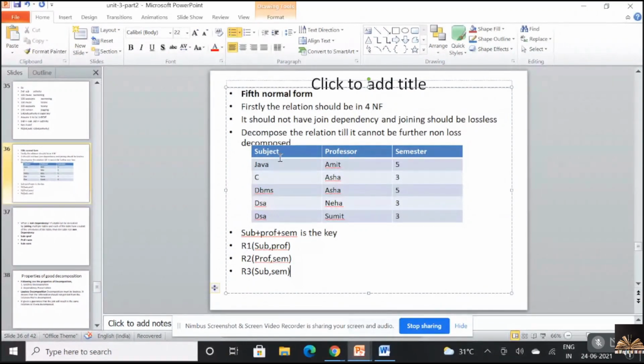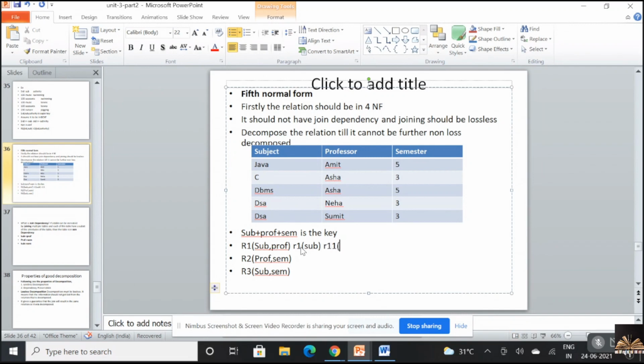So this is my R, and subject, comma, professor, comma, semester is the key, and I'm able to break that into R1, R2, R3. And this decomposition is not in 5NF if it also has join dependency, meaning if I can further break this R1, subject and professor.